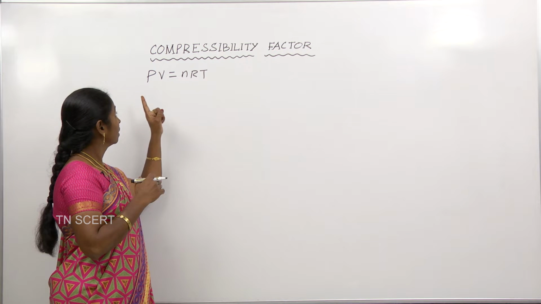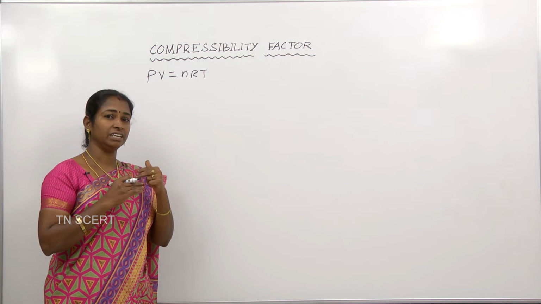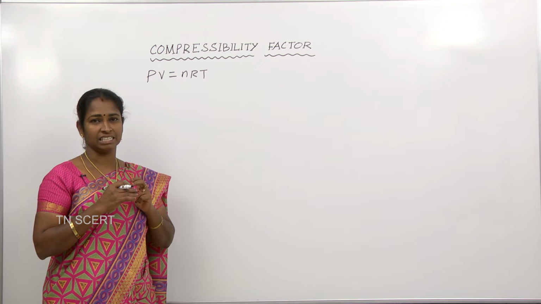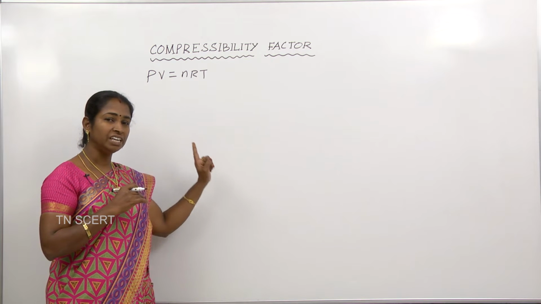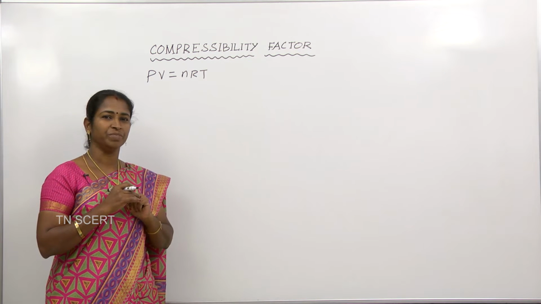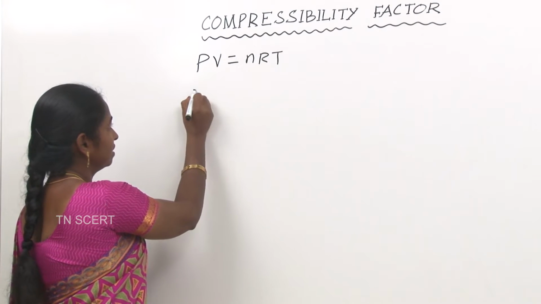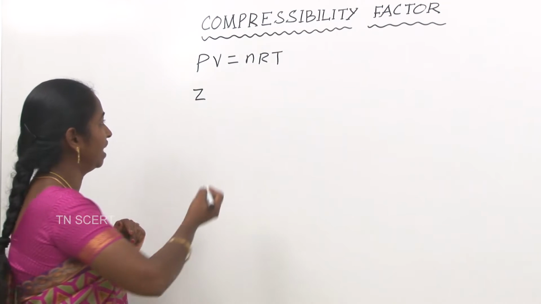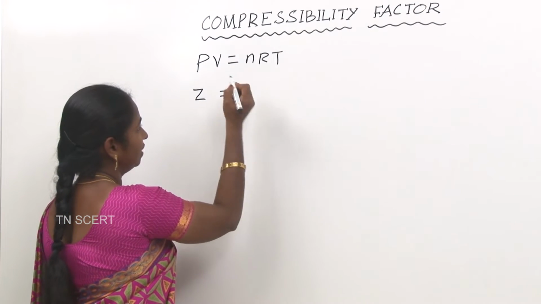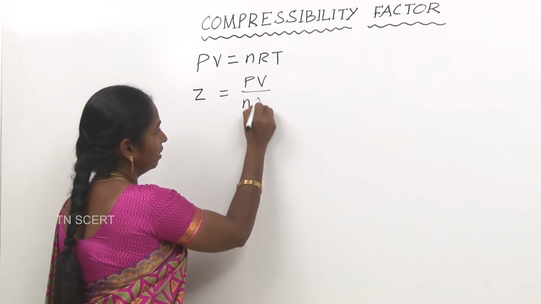So, the compressibility factor measures the deviation of real gases from ideal behavior. This is denoted by the letter Z, and mathematically it is given as Z is equal to PV by nRT.